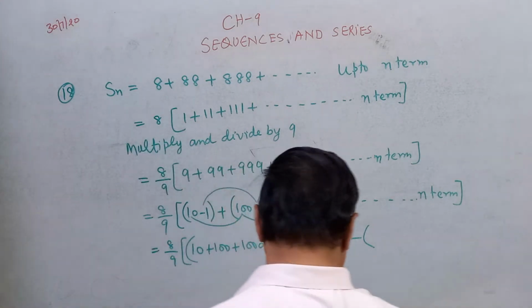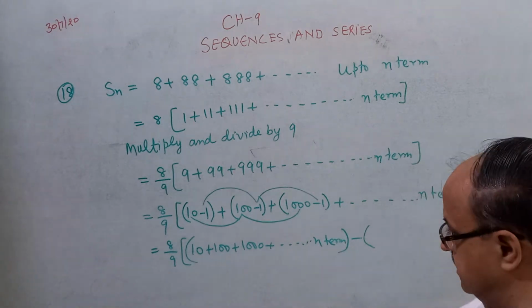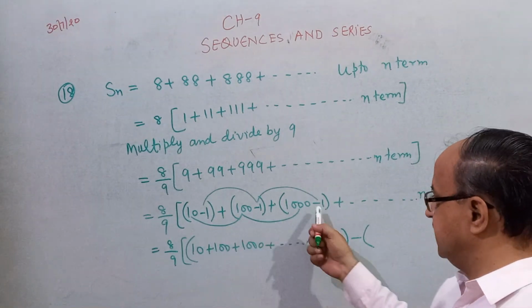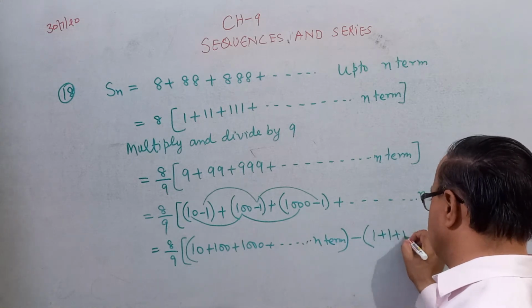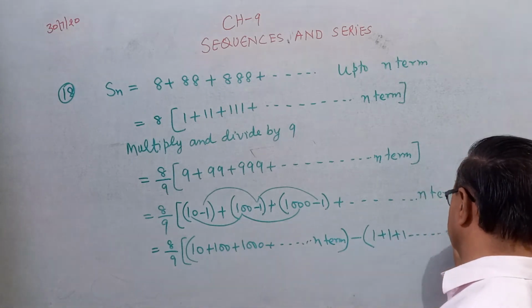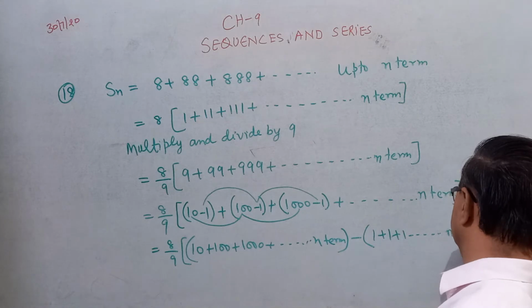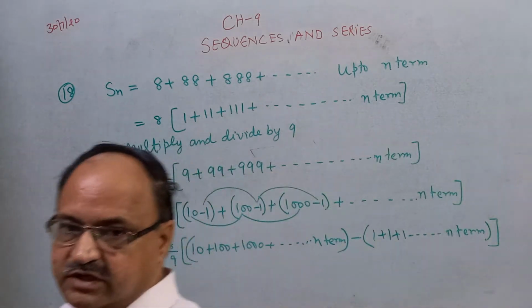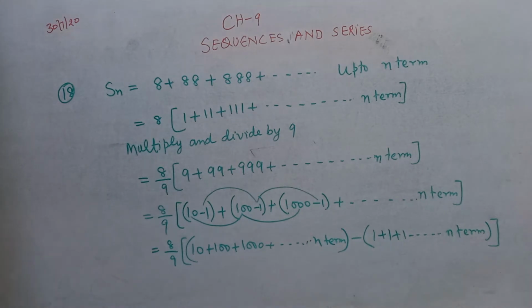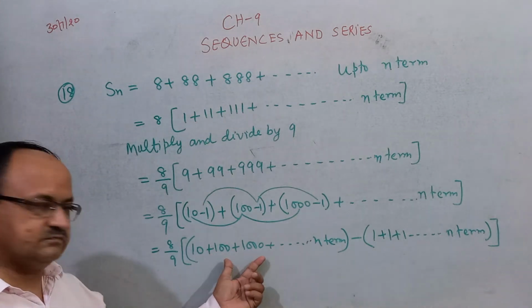You can take minus 1 common, giving minus (1 plus 1 plus 1, up to n terms). Check again, this is the main step. Now this series becomes a GP.